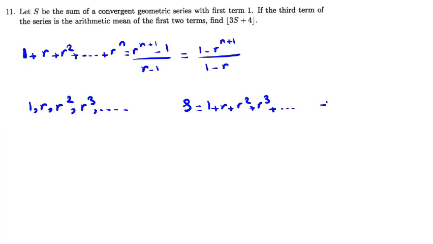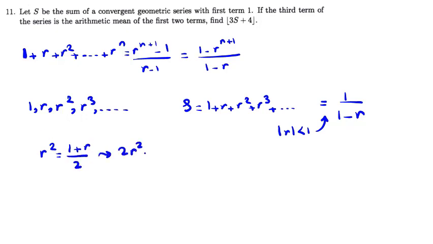Now we know, because it is convergent, r must be less than 1 in absolute value. So the sum to infinity will be 1 over 1 minus r. The first thing we know is this, and the first term is 1, so it is exactly our sequence. If the third term of the series is the arithmetic mean of the first two terms, it will be this.